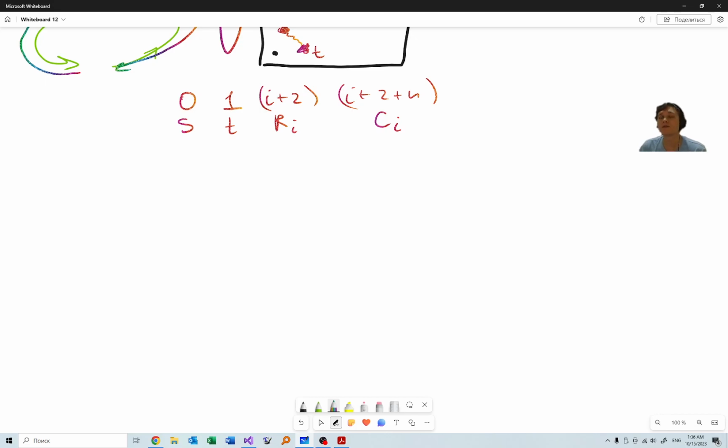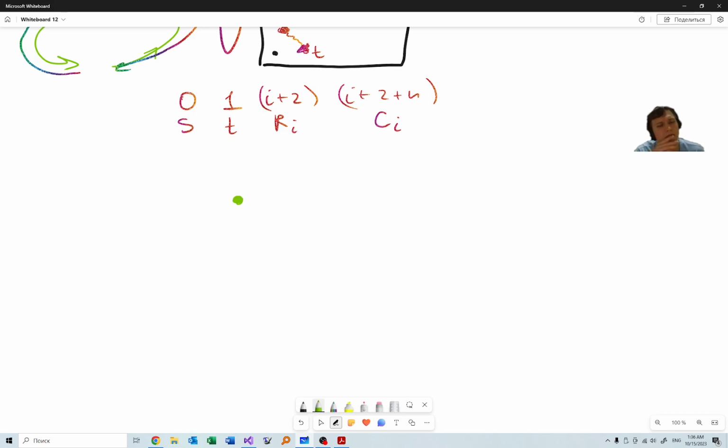Okay, let's think how we do it. We just need to find a negative cycle, and if we see it, we need to go along its edges. How is it possible? So we have a negative cycle. How do we find a negative cycle? We store edge lists for each vertex.